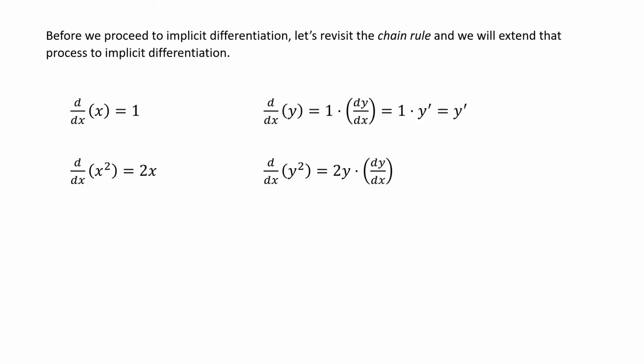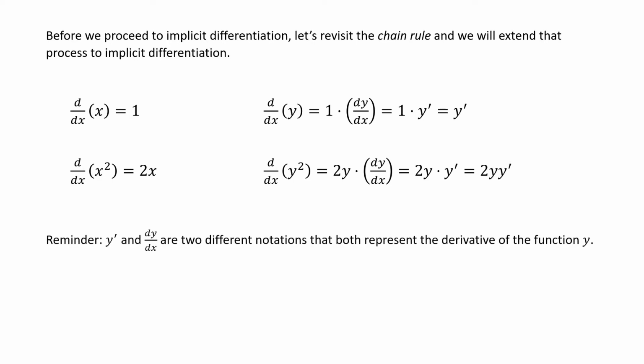You can also write that as 2y times y prime, which is 2y y prime. Notice what's happening here. Every time you take the derivative of y, the outside function, you multiply it by y prime, the derivative. Reminder, y prime and dy dx are two different notations that both represent the derivative of the function y.